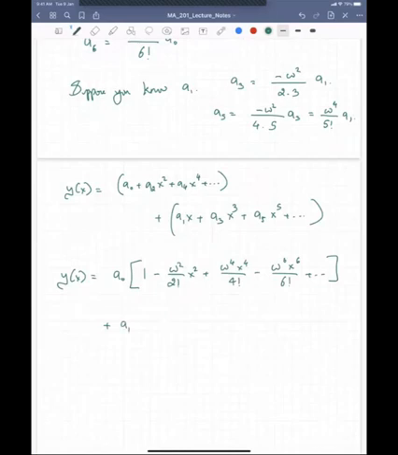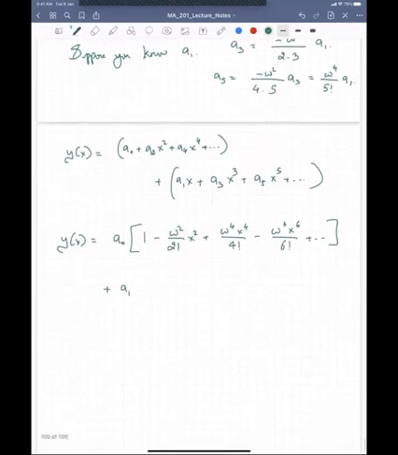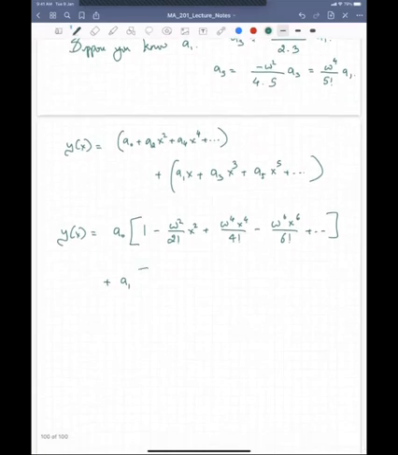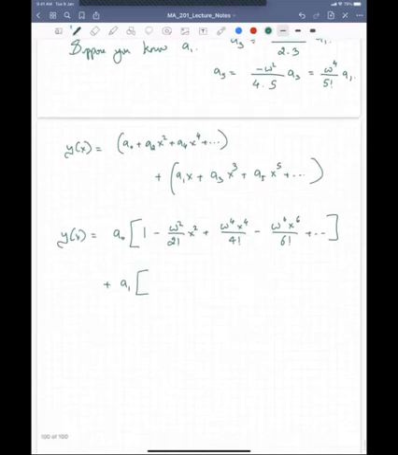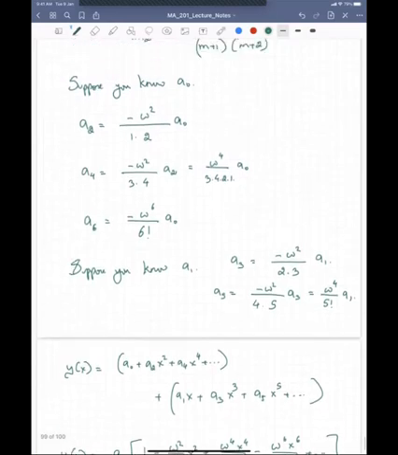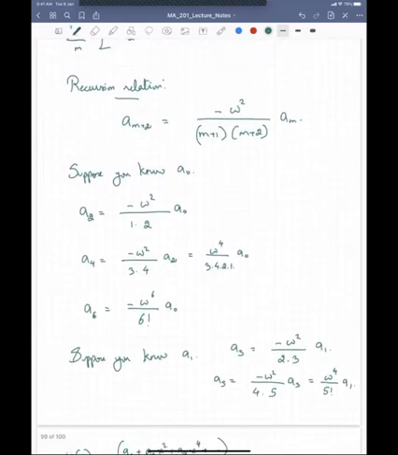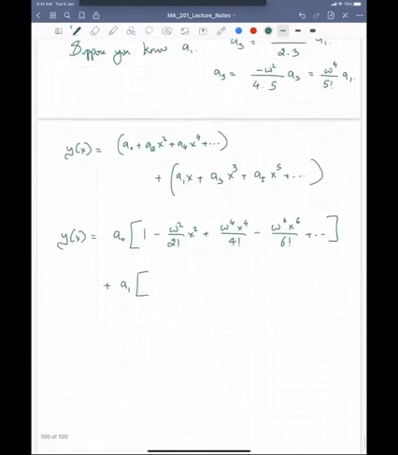Plus, if I pull out a1, what do I get? The first term would be just x.